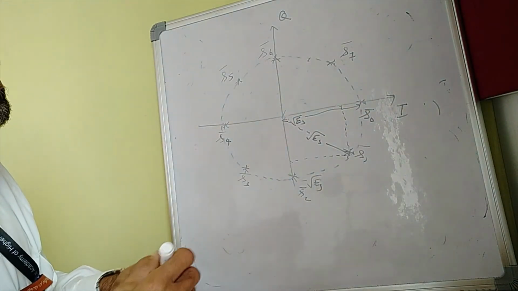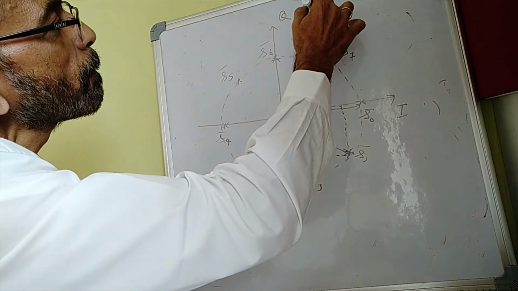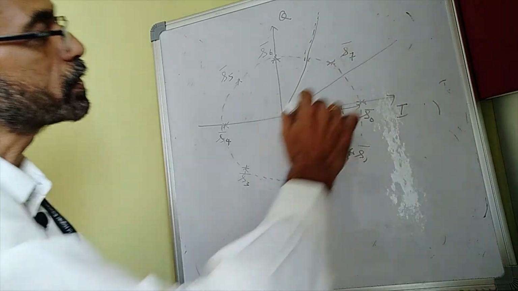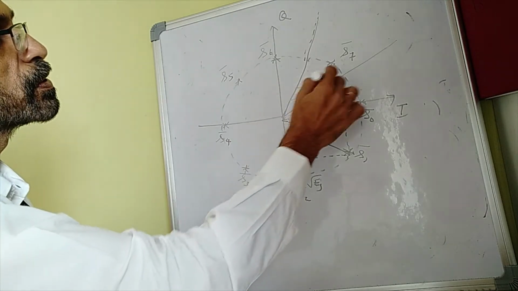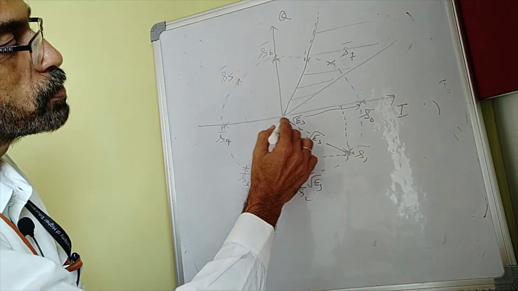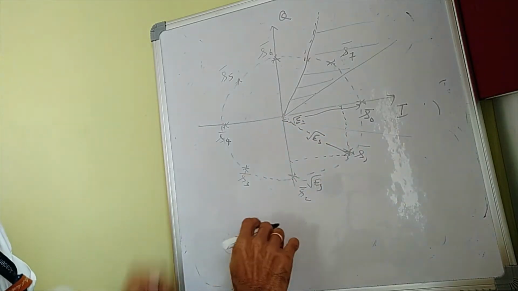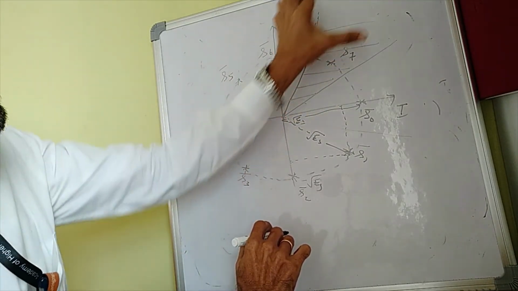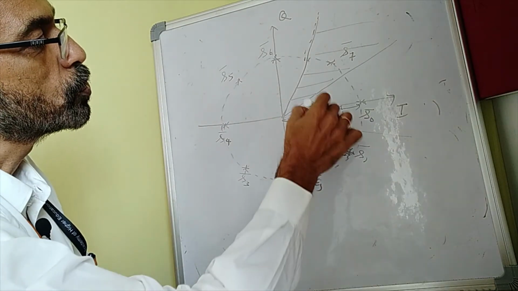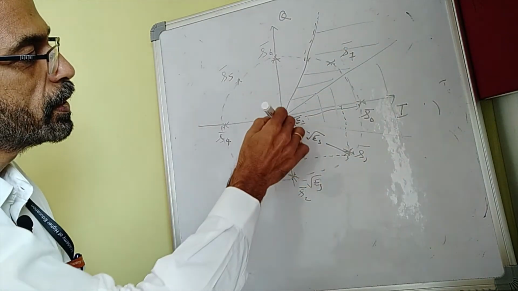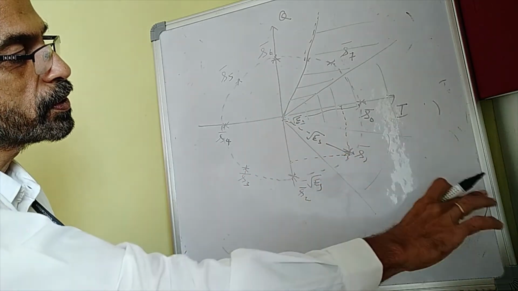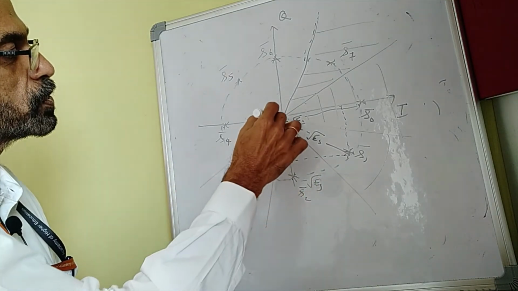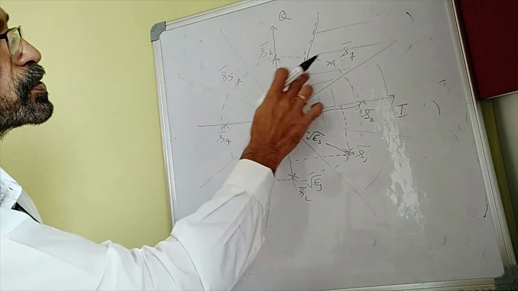The line which bisects this arc and the line which bisects this arc, this region belongs to S7, this belongs to S0, and this will be for S1, this will be for S2, this will be for S3, S4, S5, S6, and S7 we have already seen.